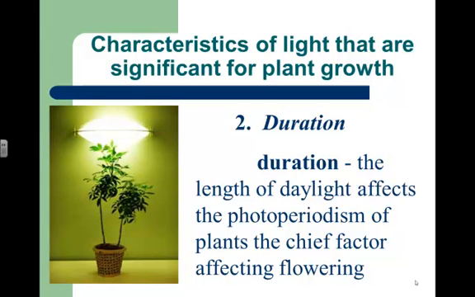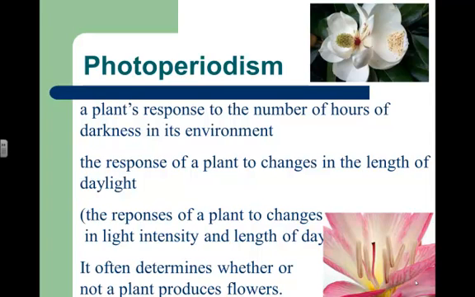The other characteristic that is important for plant growth is duration. And duration is how long the plant is exposed to light. It is the chief factor that affects the flowering of plants. Now we have phototropism, which we just talked about, but there's also another photo word in response to light, and that's in response to duration, and it's called photoperiodism.